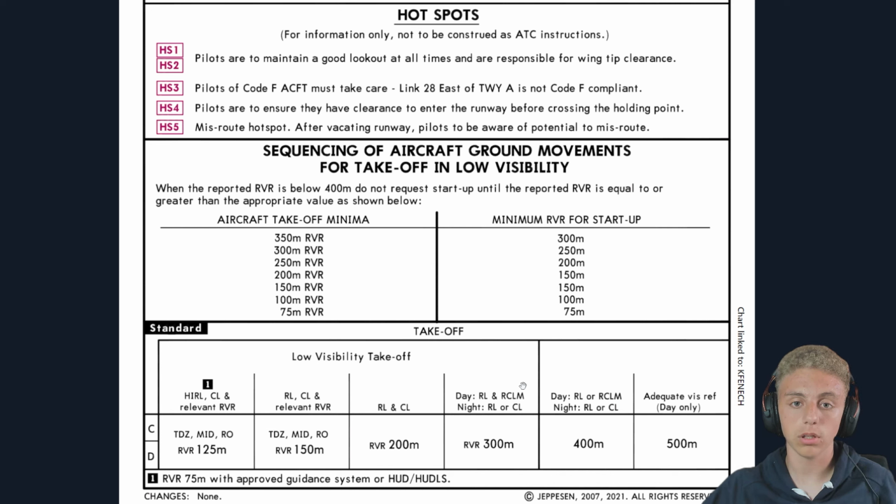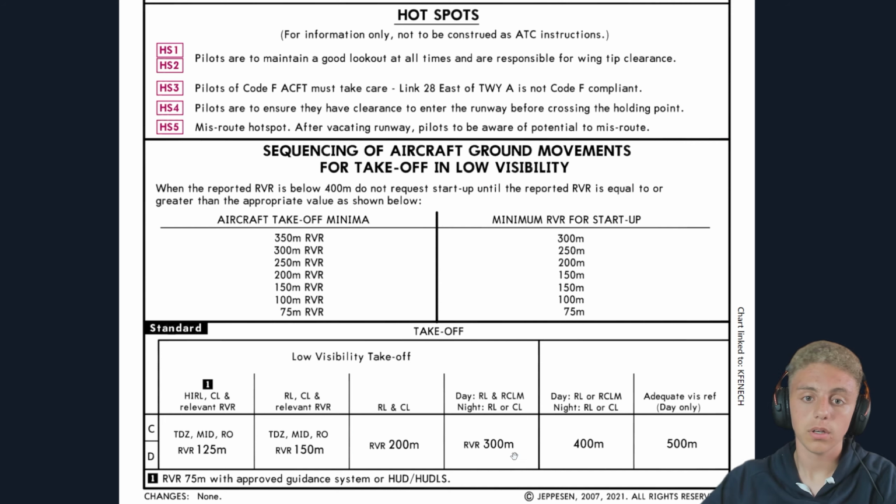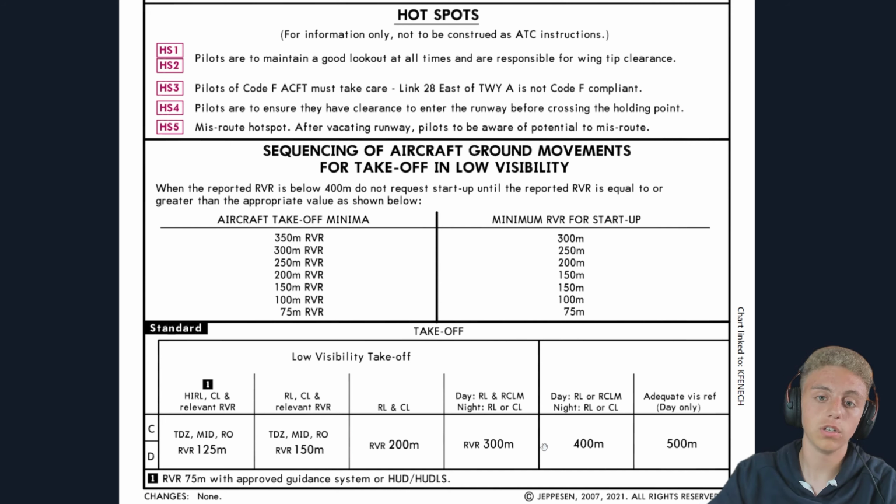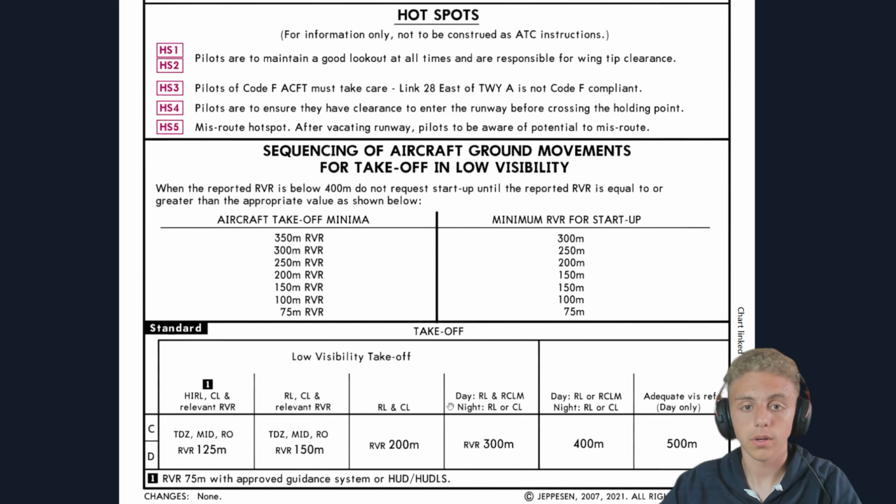Now, coming down lower, the RVR needs to be operational. So, during the day, with runway lightings and runway centerline markings, and during the night, runway lightings or centerline lightings, a plane needs to have a minimum of 200 meters RVR.